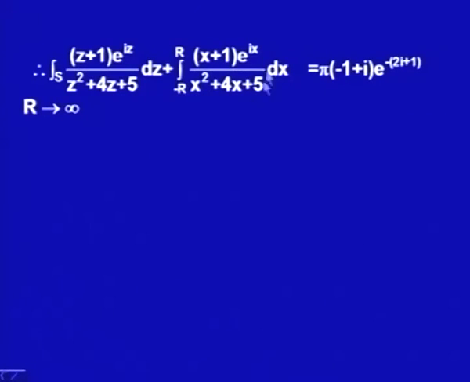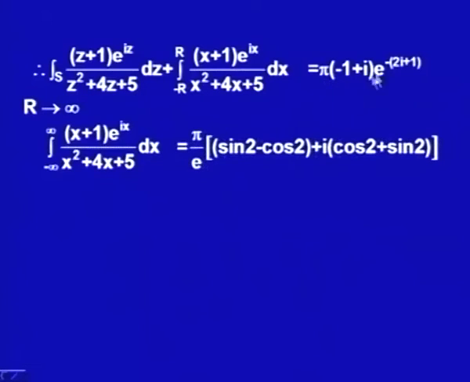Then the second integral would be the integral from minus infinity to plus infinity of (x plus 1) e^(ix) upon x squared plus 4x plus 5 dx, and the semicircle integral would approach 0, as we just showed, as r approaches infinity. So, this would be equal to this part. Now, I am writing the real and imaginary parts separately as in the previous one.